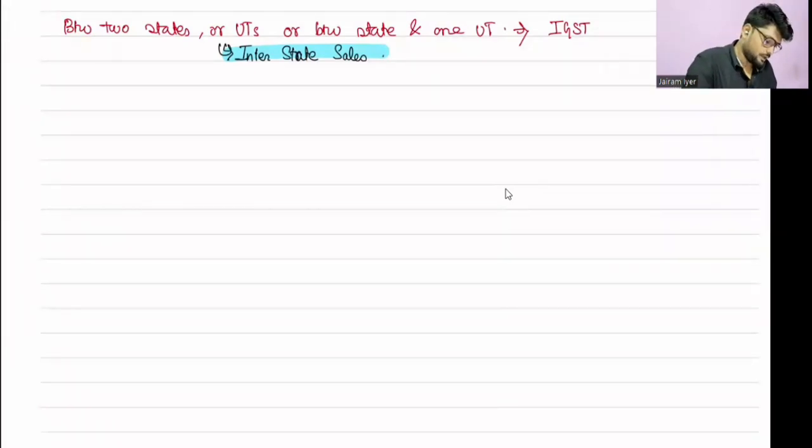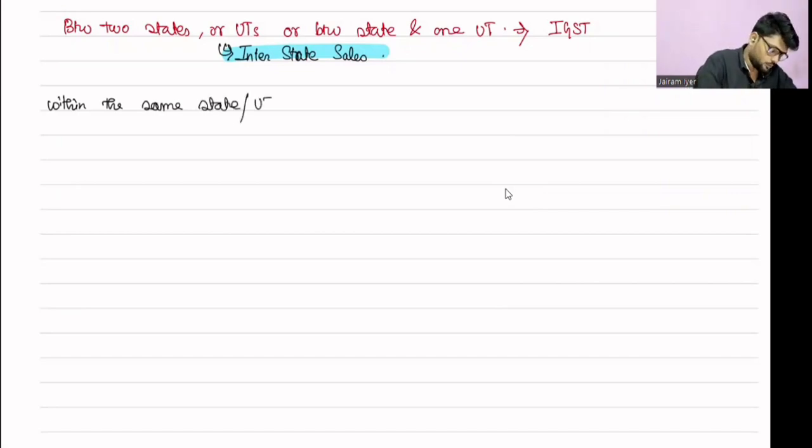Now, whenever the transaction is within the same state or within the same UT, what do we levy? We levy CGST plus SGST or UTGST.